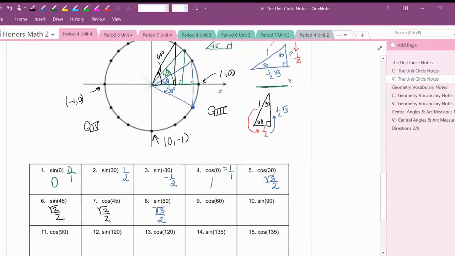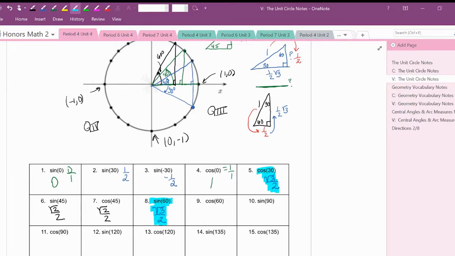And now I'm noticing that the cosine of 30 is the same as the sine of 60. And that's because these two angles, acute angles in a right triangle, are complementary. And then these are co-functions of each other. So sine and cosine.